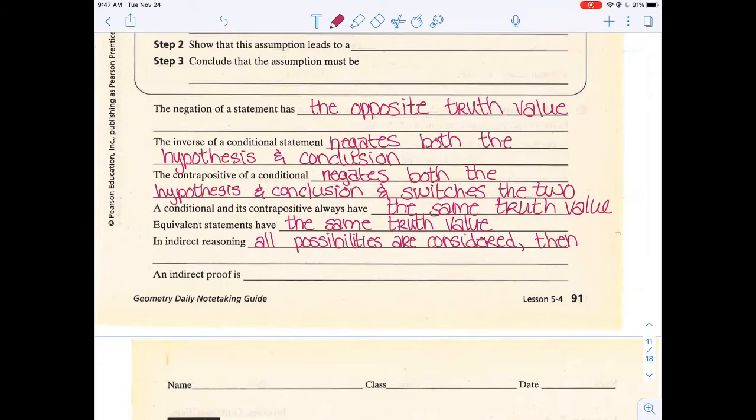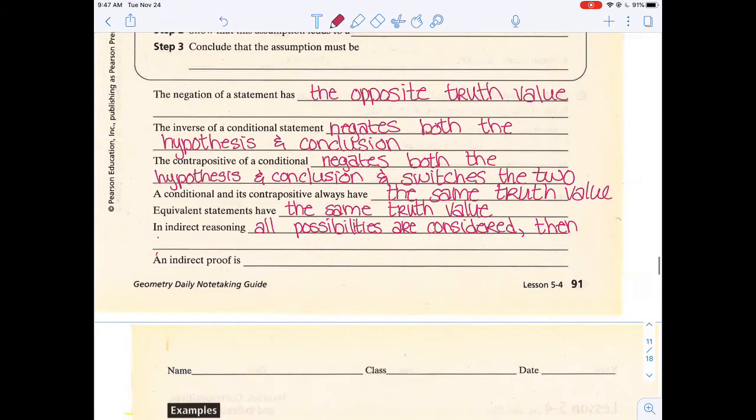So all possibilities are considered, then all but one are proved false. So you consider a whole bunch of things and you just keep crossing off one at a time until you get just one possibility. And then an indirect proof is a proof involving indirect reasoning. So nothing too crazy there.